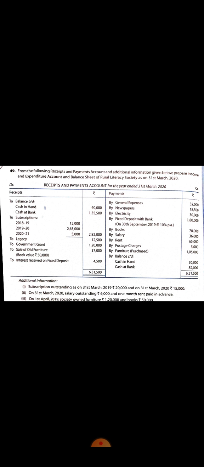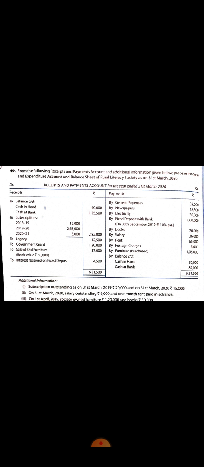That 12,000 is given on the receipt side of receipt and payment account, the subscription for previous year. Subscription still in arrears for previous year is 8,000, that is 20,000 minus 12,000. That 8,000 is included in the subscription of current year.